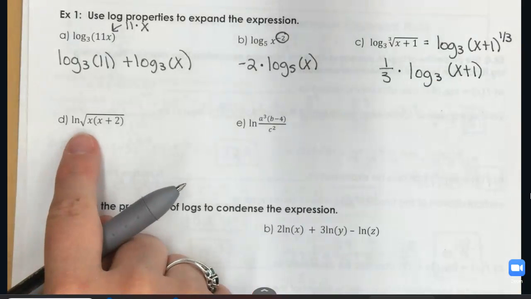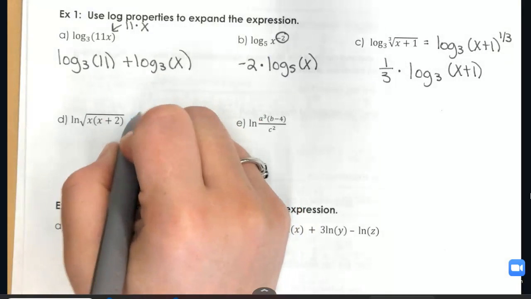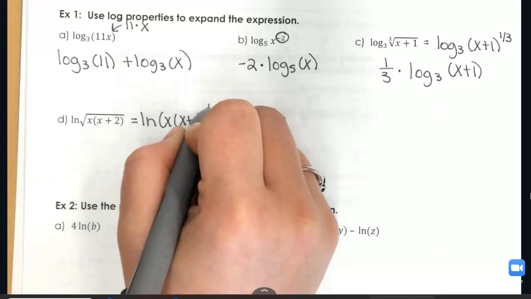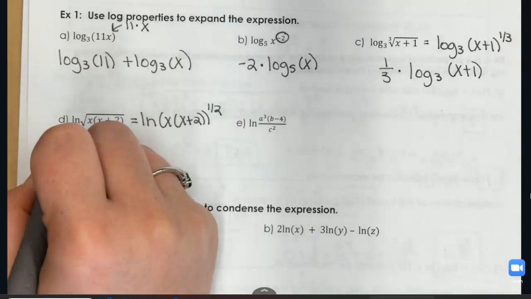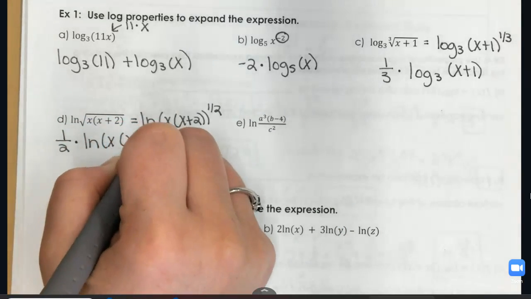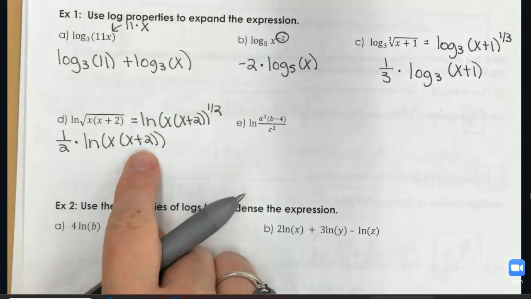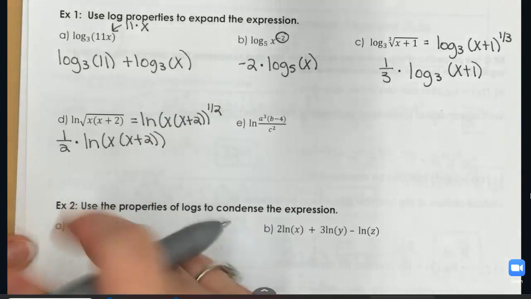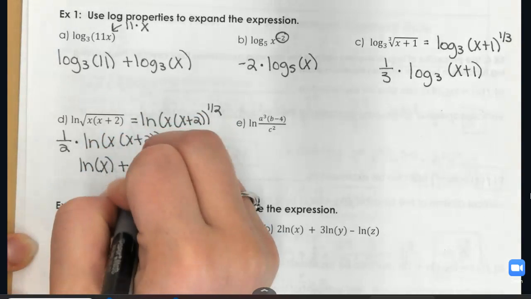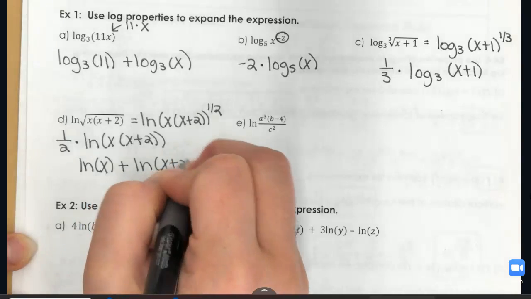On D, I have, again, another radical, so I'm going to rewrite this as an exponent. And I can bring that to the front: 1/2 times natural log of x times x plus 2. This is also now multiplication within here, so I can split this up again into natural log of x plus natural log of x plus 2.